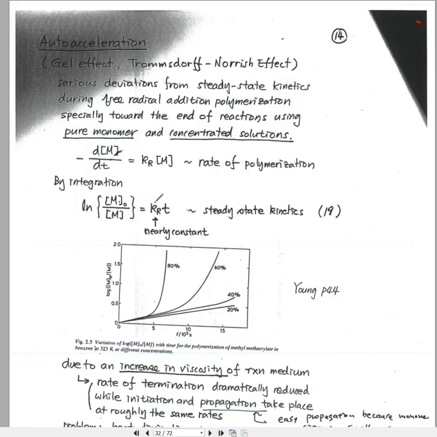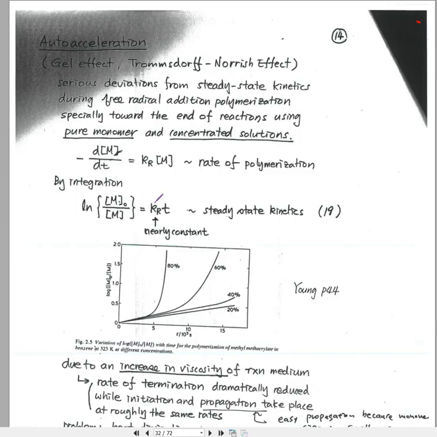Previously, in free radical addition polymerization, we have learned about the kinetics. We wrote the rate law for each step: initiation, propagation, and termination. Based on the steady state approximation, we could obtain the overall polymerization rate, which is the propagation rate, in terms of monomer concentration and initiator concentration.